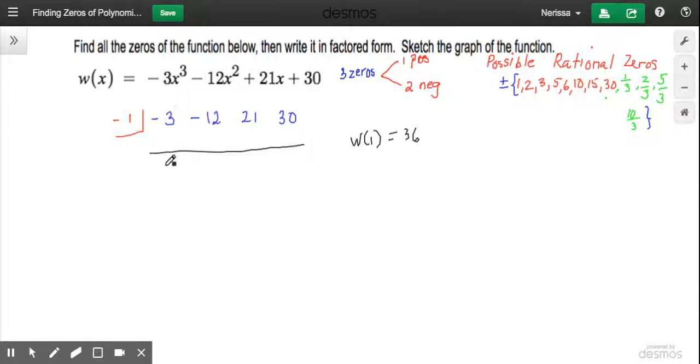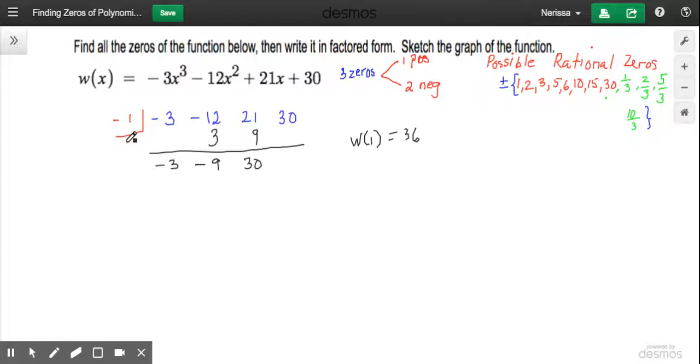So we bring down -3. We multiply by -1 and we get +3. -12 plus 3 is -9. -9 times -1 is +9. 21 plus 9 is 30.